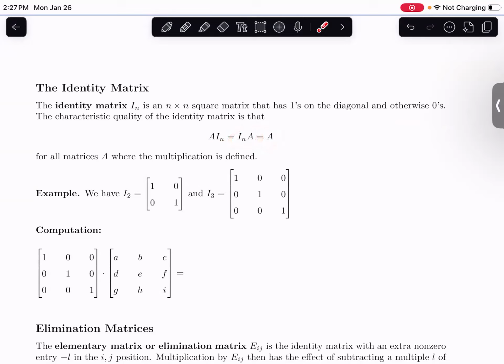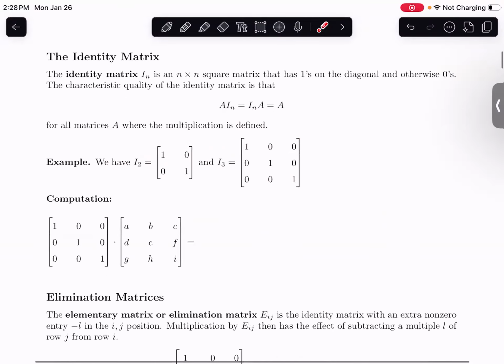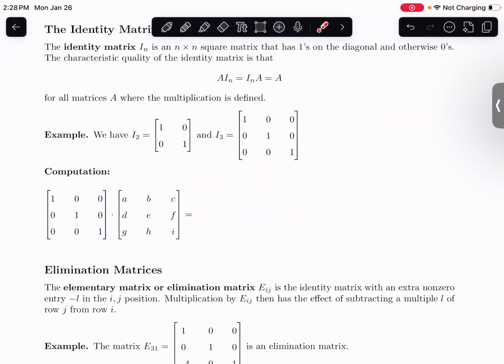If you're doing the 2 by 2 identity, it would look like this. You have ones down the diagonal, zeros off the diagonal. And then the 3 by 3 identity, ones down the diagonal, zeros everywhere else. Just to verify that multiplication doesn't change anything when you multiply with the identity, here's one quick example.